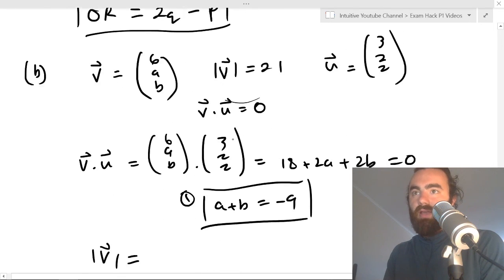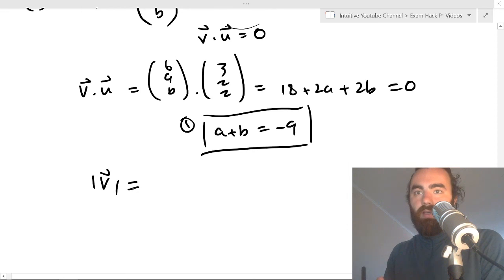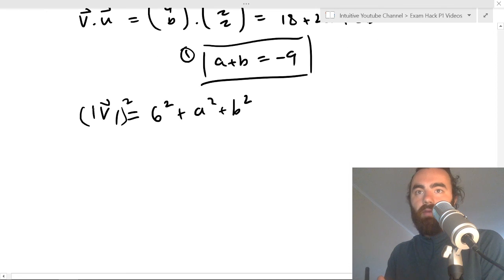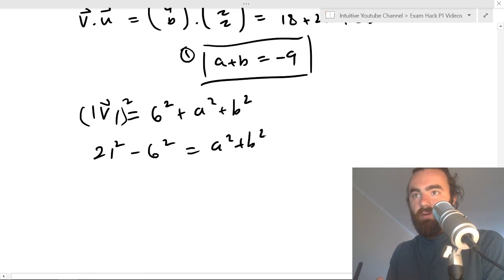The second equation can come from this: because the magnitude equals 21, we can say that this squared equals 6 squared plus a squared plus b squared, and that's just 21 squared. So 21 squared minus 6 squared equals a squared plus b squared.